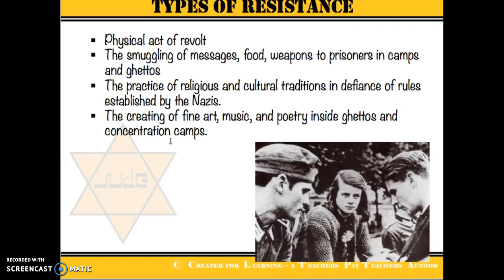People would smuggle messages, food, weapons, and other necessities to prisoners inside the camps and ghettos. Just practicing religious and cultural traditions in defiance of rules established by the Nazis was a way of resisting the Nazi Party. Creating fine art, music, and poetry inside the ghettos and concentration camps was also another form of resistance and rebellion.